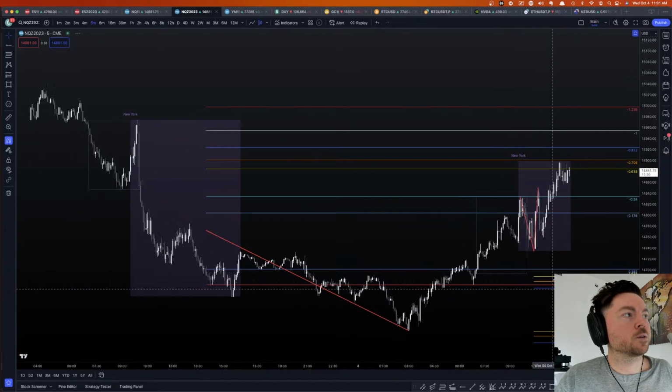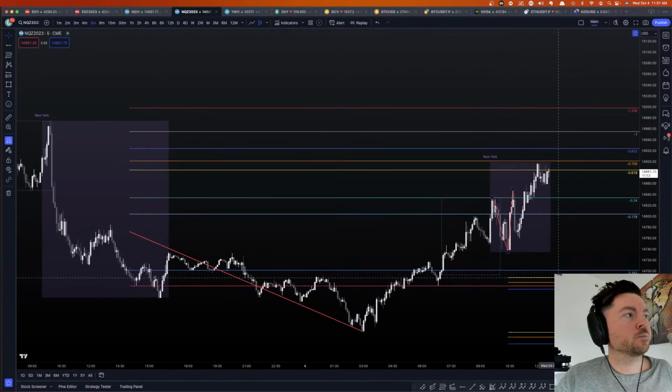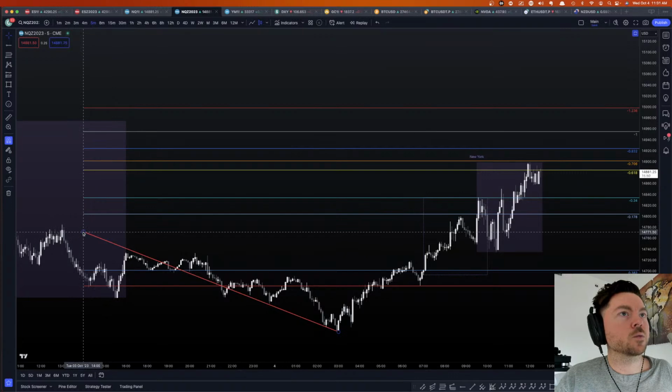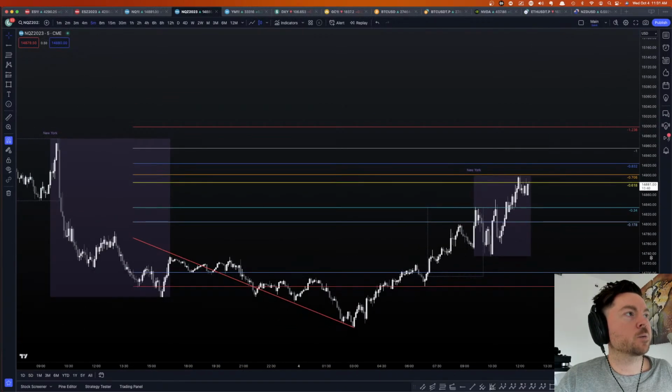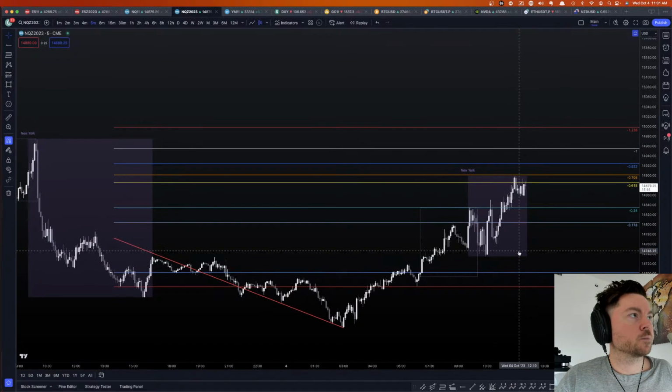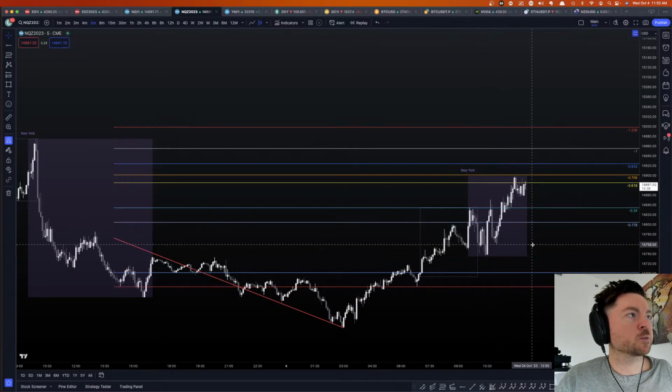Would have had confluence here, but it didn't happen. It's just stuff, prepare for it just in case it does happen. You can get a good trade off of it. If it doesn't happen, you have to look for something else. I think this would have been tricky if you were kind of counting on an expanding flat.